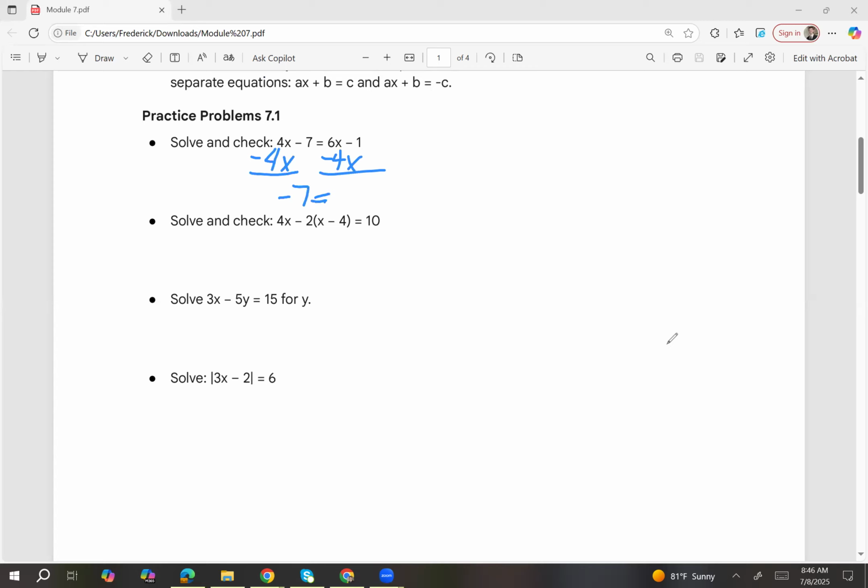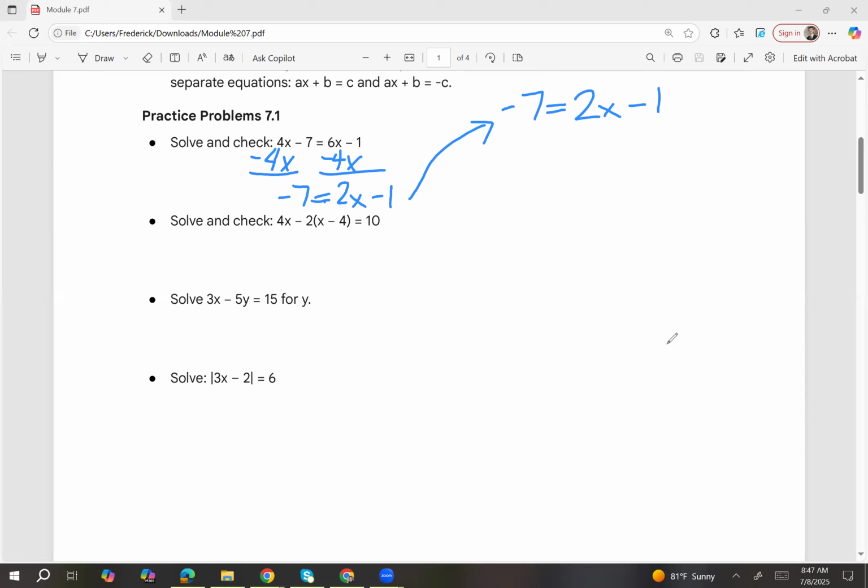And then I combine it with 6x on the right-hand side, 6 minus 4 for 2 on the x term, and then I bring down the number term -1.